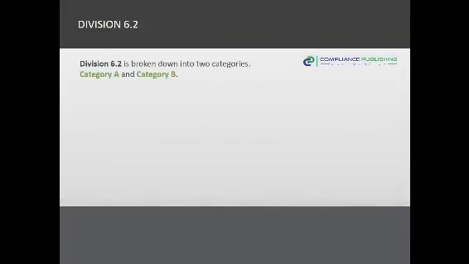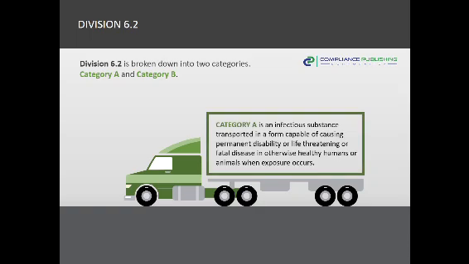Division 6.2 is broken down into two categories, Category A and Category B. Category A is an infectious substance transported in a form capable of causing permanent disability or life-threatening or fatal disease in otherwise healthy humans or animals when exposure occurs.